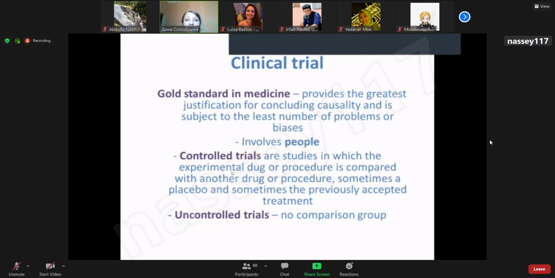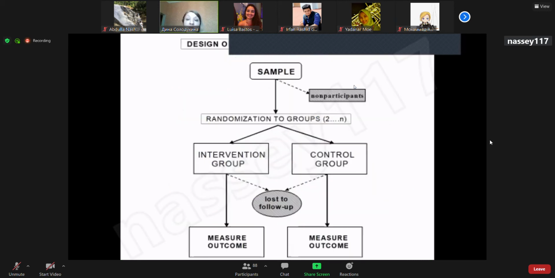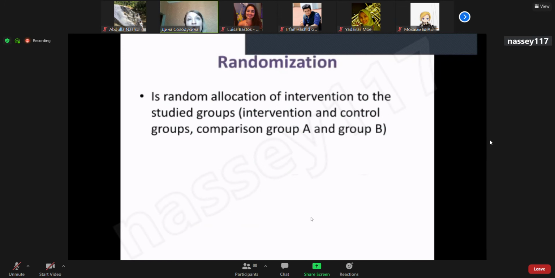So you can see that a design of a clinical trial usually starts with randomization when subjects are randomly allocated to group 1 intervention and to group 2, which is called control. And after this, we will measure outcomes. Randomization itself is difficult because it requires minimum participation of the researcher in the allocation of treatment.